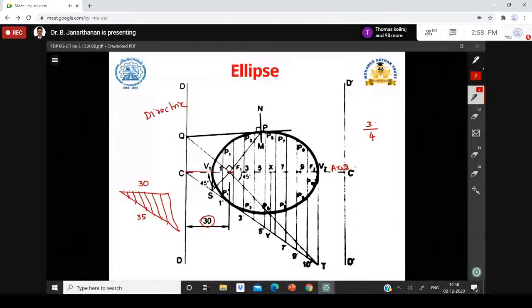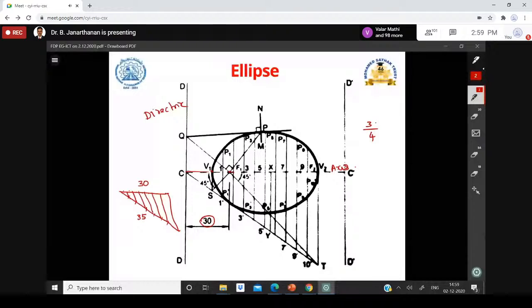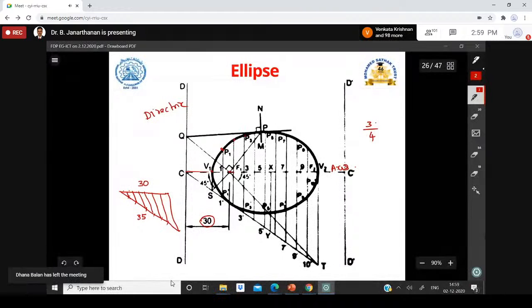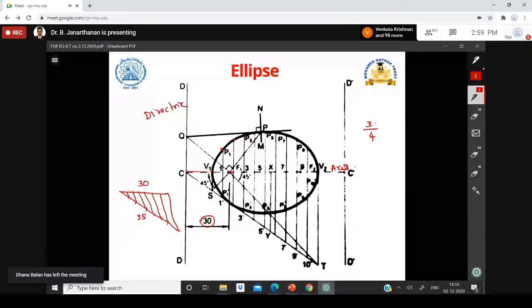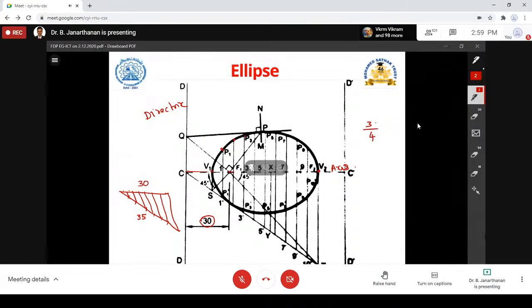This vertex is this end, and after getting the arcs they will get the points P1, P2, P3, but they will have difficulty with the other vertex. This can be easily marked by drawing a 45-degree line from the focus. Even many faculty may miss telling this.